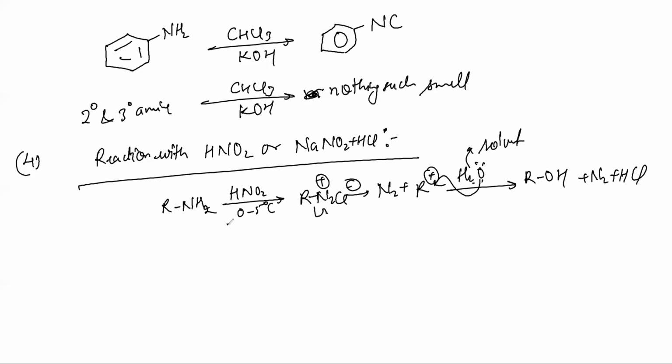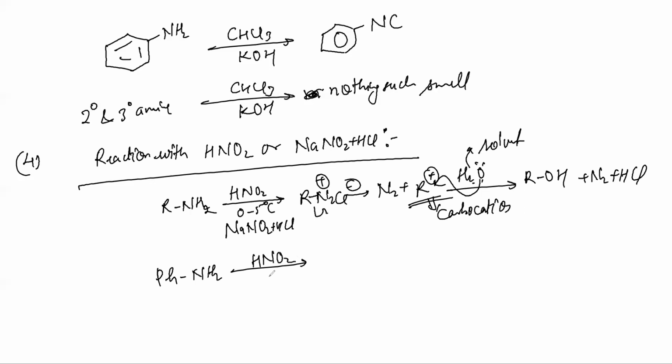Instead of HNO2, you can use NaNO2 plus HCl also. Same reaction. But yes, this is the carbocation formed in the first reaction, so the carbocation can be rearranged also. Don't forget that.